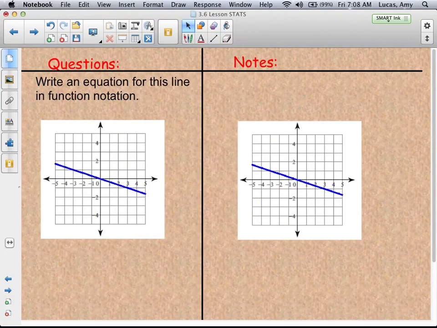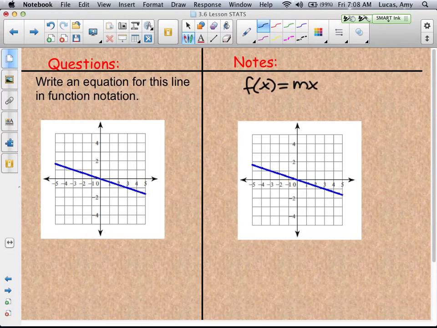Next one. This one has something that's a little bit different from the last one. So this slope, my intercept is right here at the origin.